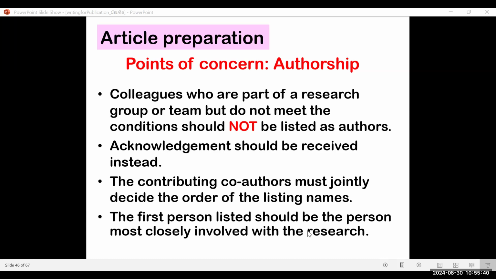And please keep in mind the first name of that manuscript is supposed to be one who worked most closely in the research work. For graduate students, you need to check the requirement of your graduation and discuss with your supervisor, your Ajahn. Ajahn, I need to be the first name because I will need to use this journal for my graduation requirement.